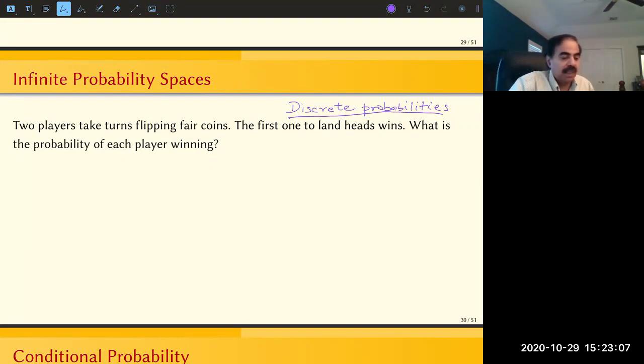But sometimes you come across infinite probability spaces, as in this game, right? So two players take turns flipping fair coins. The first one to land heads wins, right? So what's the probability of each player winning? So can you guess the answer to the question?